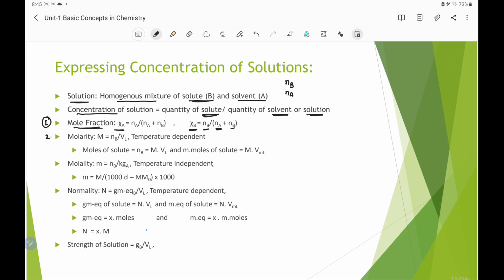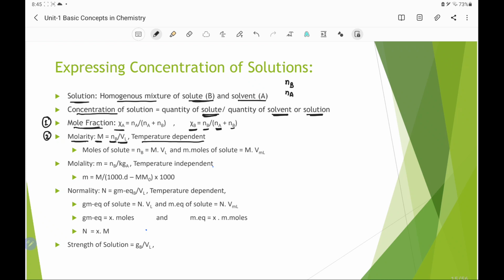Second term which we will use is the molarity, and this molarity is represented by capital M, and this capital M is the number of moles of the solute NB divided by the volume of the solution in liters. And because volume is temperature dependent, we can say that molarity is temperature dependent.